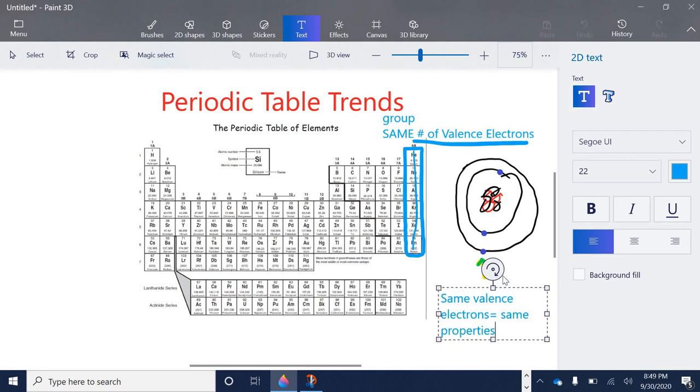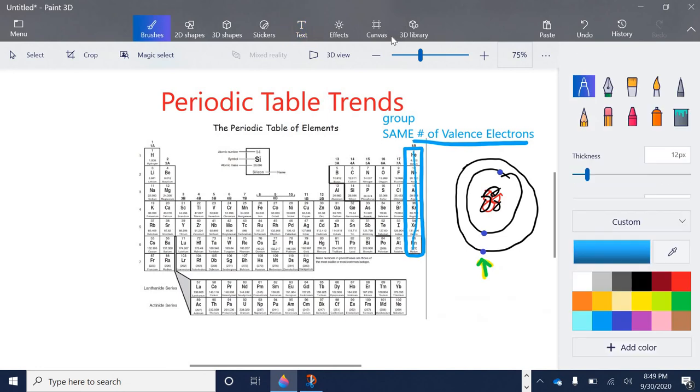And I'll move this note down here so we don't forget. This especially goes for chemical properties like reactivity. Things in the same column tend to react with the same sorts of atoms, chemicals, materials, all that good stuff. Whoops. It didn't save my writing. That's sad.